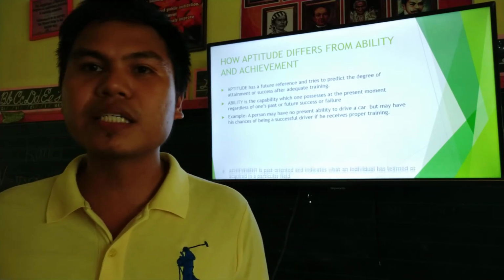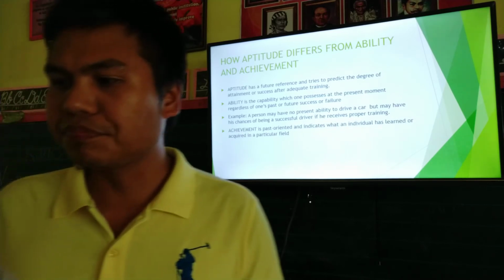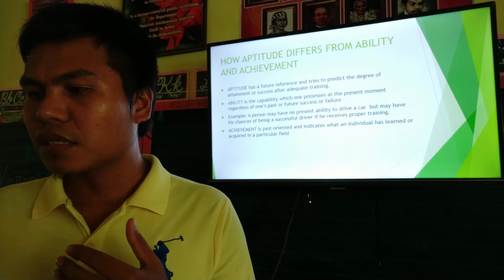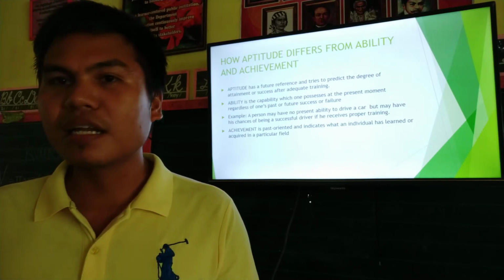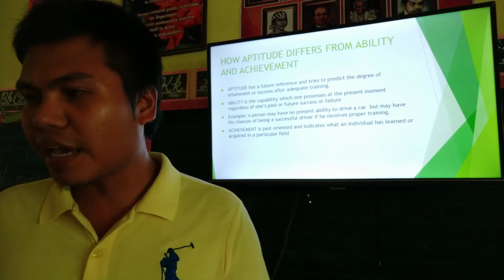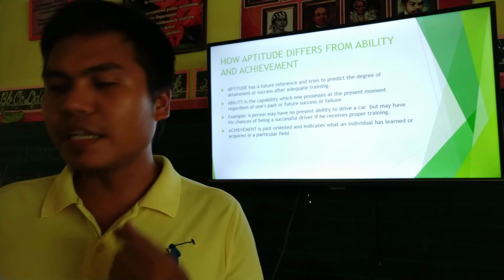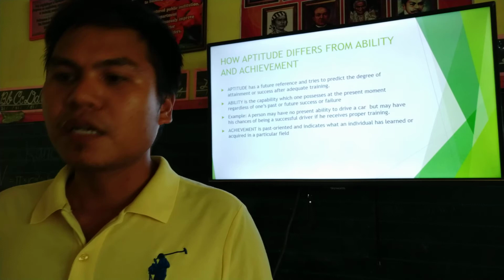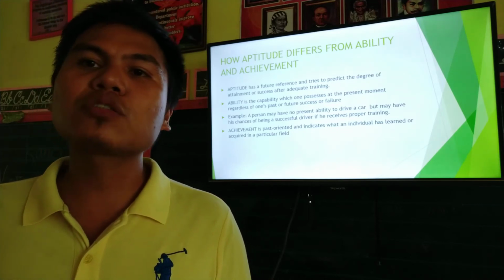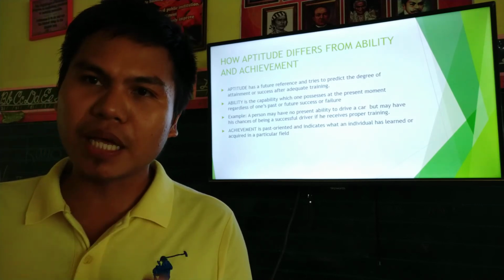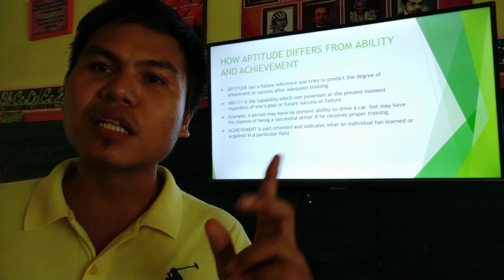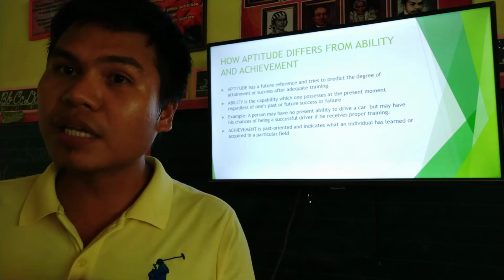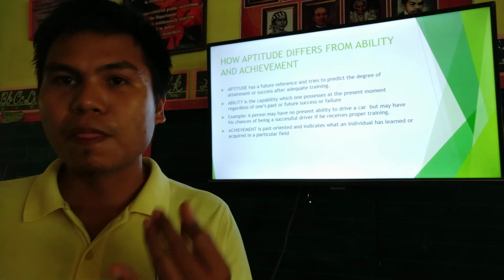The third one is achievement. Achievement means the past oriented, and it indicates what an individual has learned or acquired in the particular field. So here, it explains to us that achievement refers to the things that you have already acquired or you have already learned.